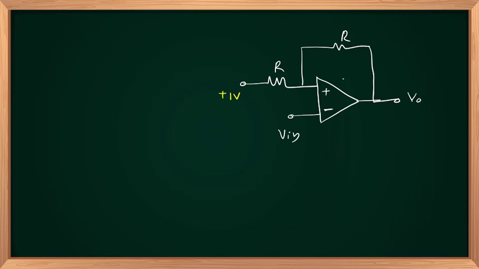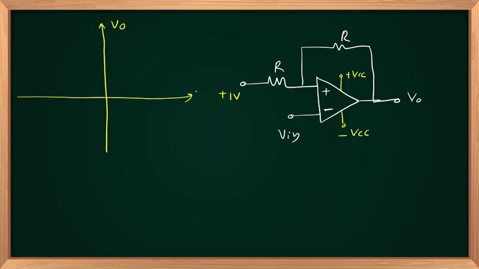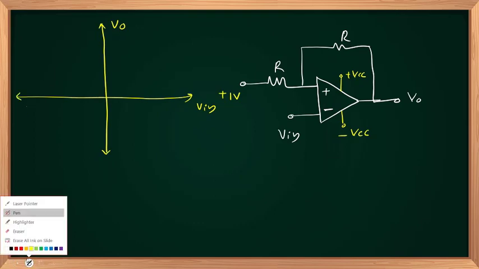Okay, and of course, I will have plus VCC and minus VCC here, right? So here my objective is to identify the transfer characteristics as we did earlier, the Vout on y-axis, the Vin on x-axis, right?